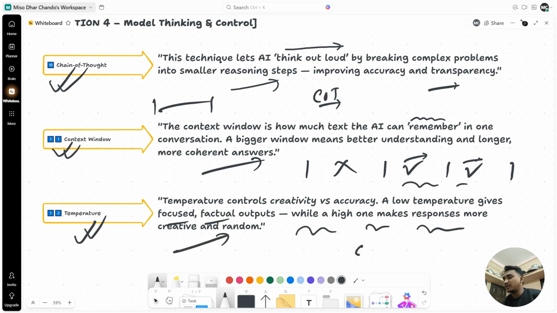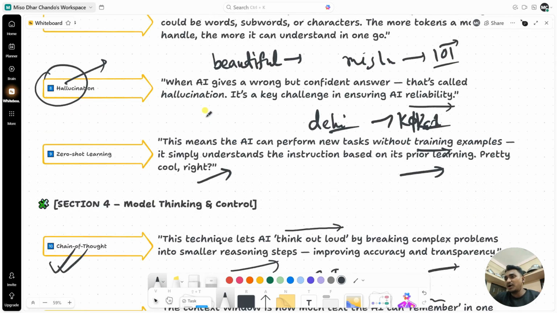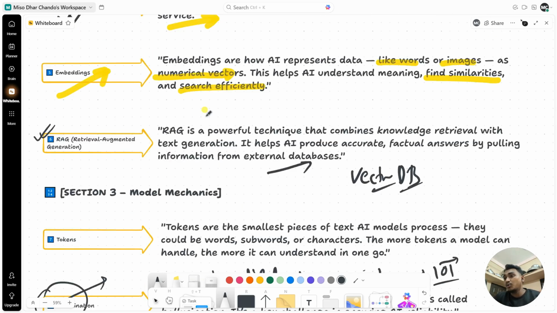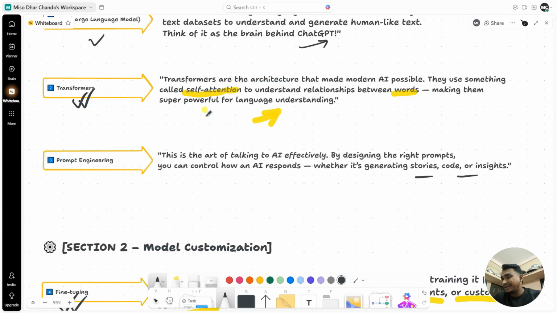You can set a temperature of 1 or 2 or 3. A low temperature gives you focused answers or factual output, but a high one makes the response more creative and random. So those are the 12 terms you need to know when you start learning about GenAI.